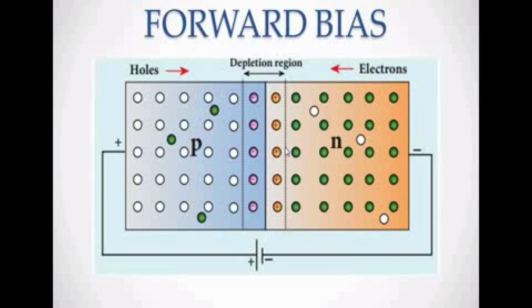It will repel them toward the junction, so the depletion layer becomes narrow. The repulsive force is acting on either side, so the depletion layer becomes narrow. In forward bias, a very small amount of energy is given to the charge carriers, and they can easily penetrate through the depletion layer. This is the function of the forward bias PN junction diode.